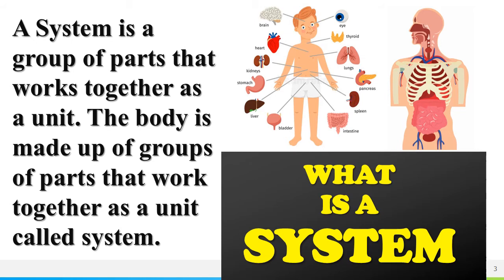So every part of our body is working together. They are called what? A system. Just like a computer set, all the parts come together to function well. So a system is a group of parts that come together to work for a particular goal.